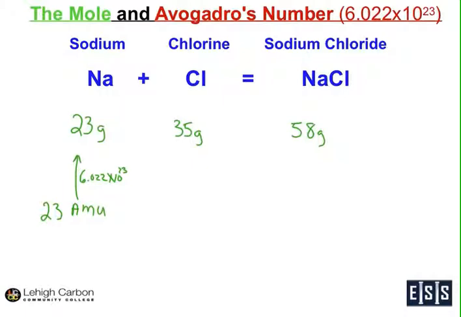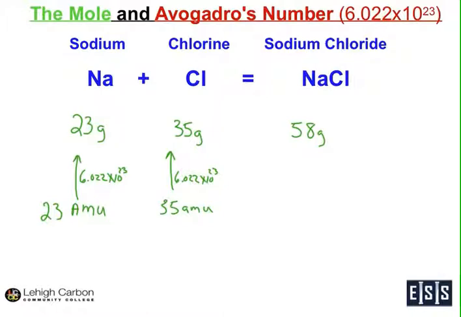And because all atoms and molecules are made up of the same atomic particles, protons, neutrons, and electrons, it turns out, very conveniently, that a chlorine atom weighs 35 AMU. If you take 6.022 times 10 to the 23rd chlorine atoms, you'll find their weight to be 35 grams.